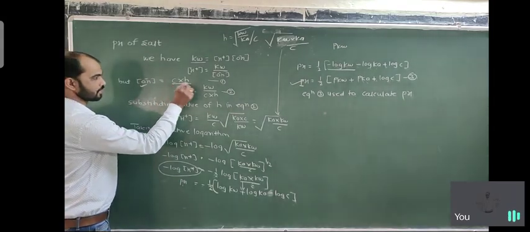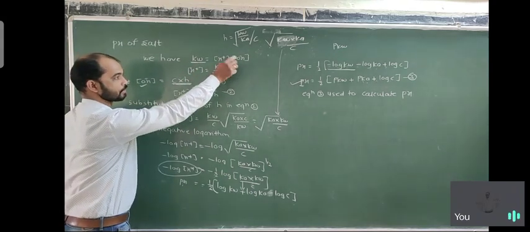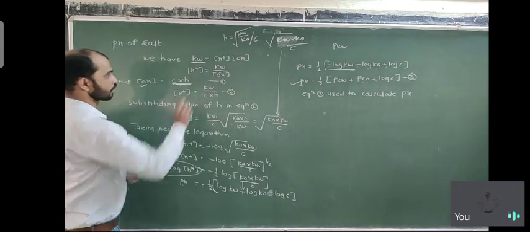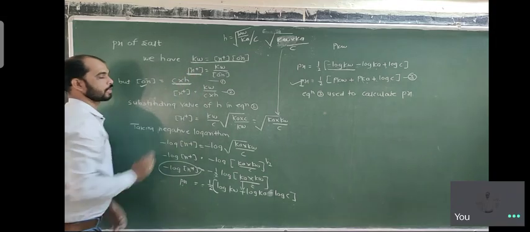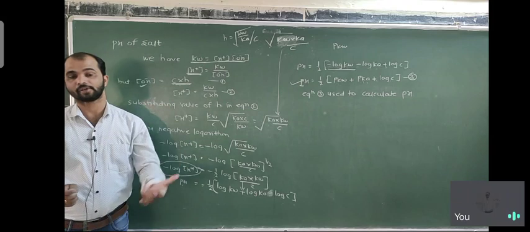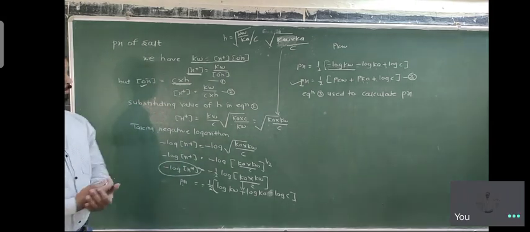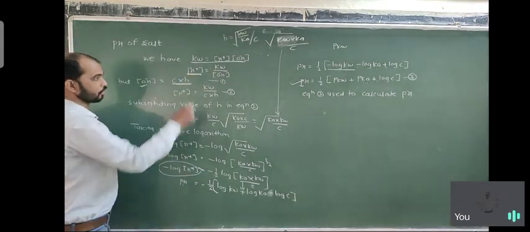So if we have this value, then we have Kw is equal to the concentration of H plus into the concentration of OH minus. Using this equation, first of all we calculate the concentration of H plus, because we are going to find the pH value. For that we must have the H plus concentration.